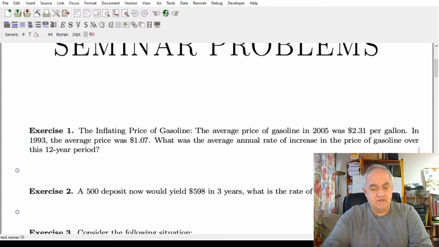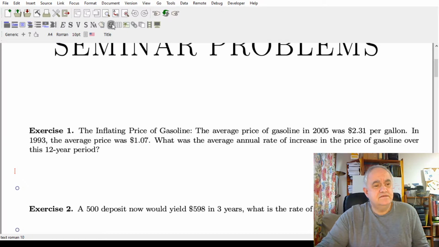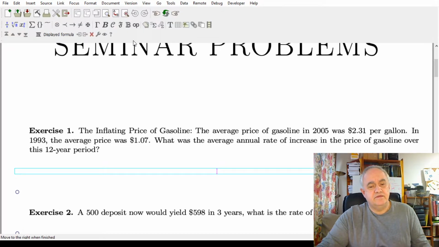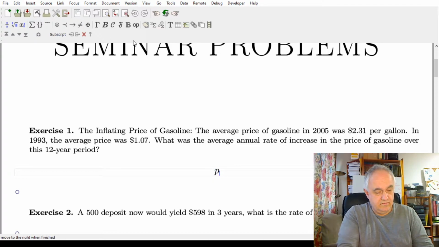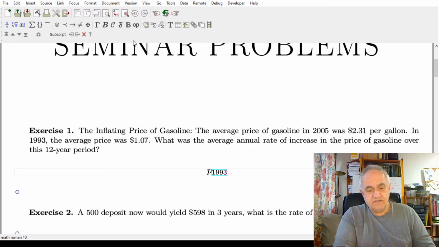The arithmetic is quite simple, but let's dedicate a couple of minutes to it. We have an initial price at the moment 1993, let's call it P1993. We know this.